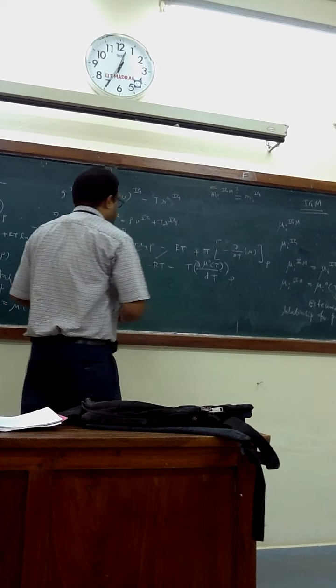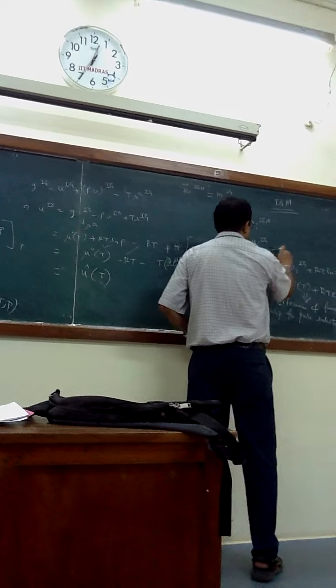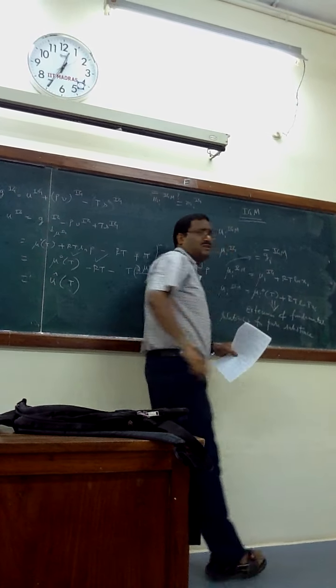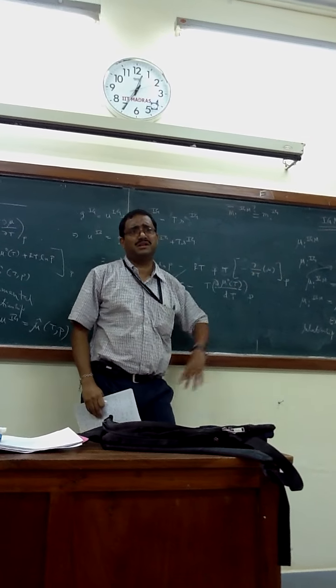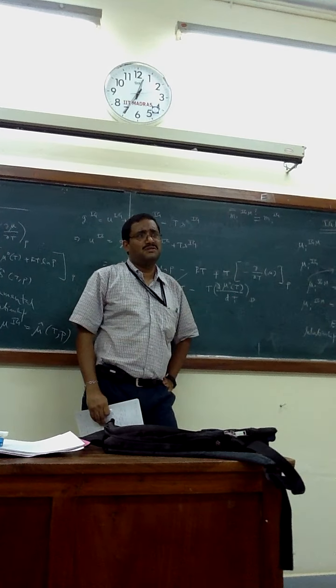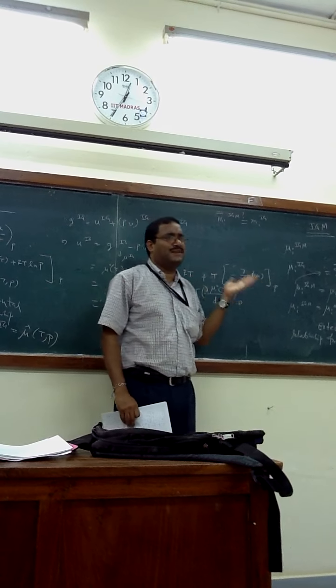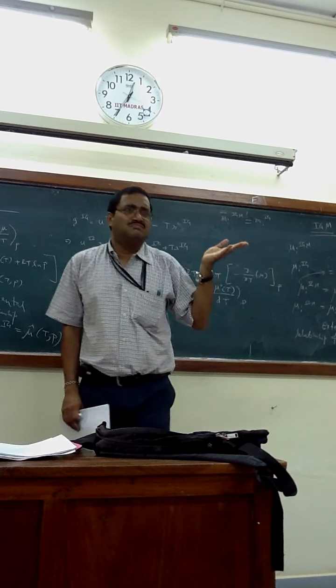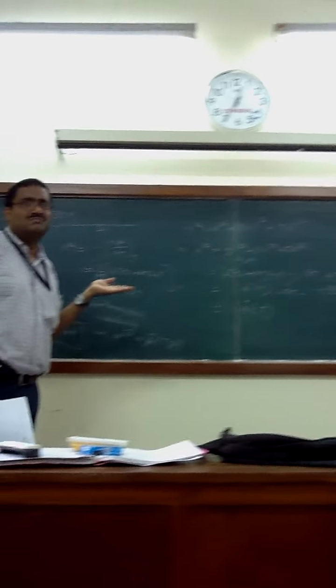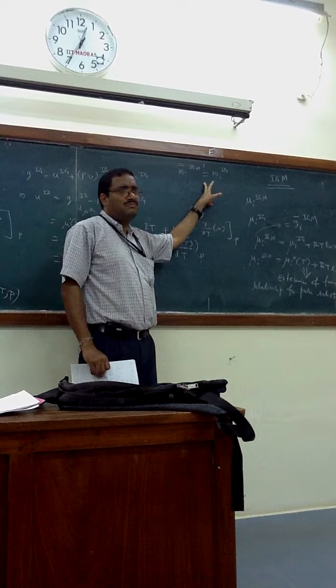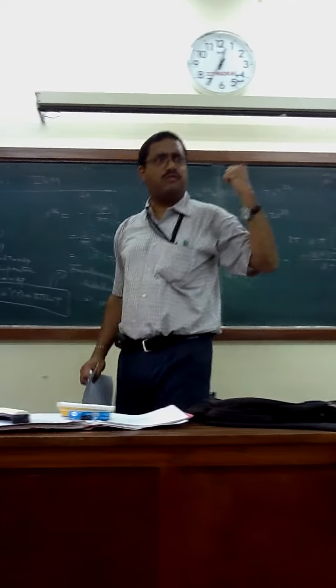This is nothing but your Gi bar, based on the definition. Correct? Yes? So I'm not interested in mu i IGM by itself. I want to know what the difference is. Are they the same? As my friend said, yes, they are the same. That's what I want to see.